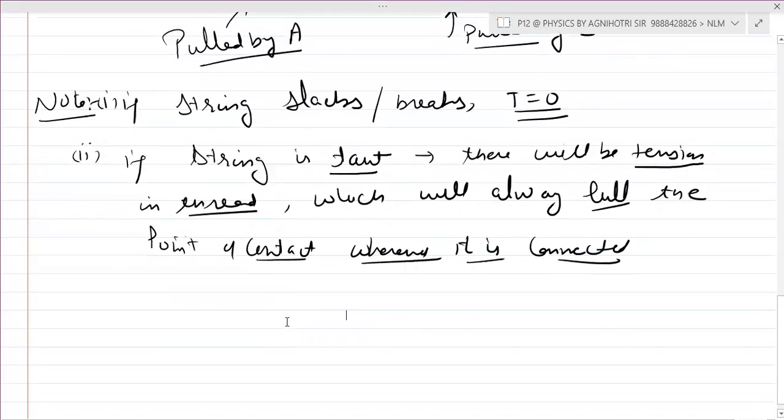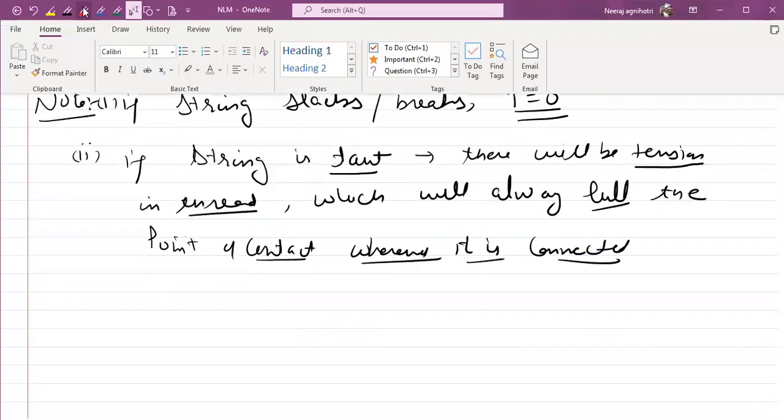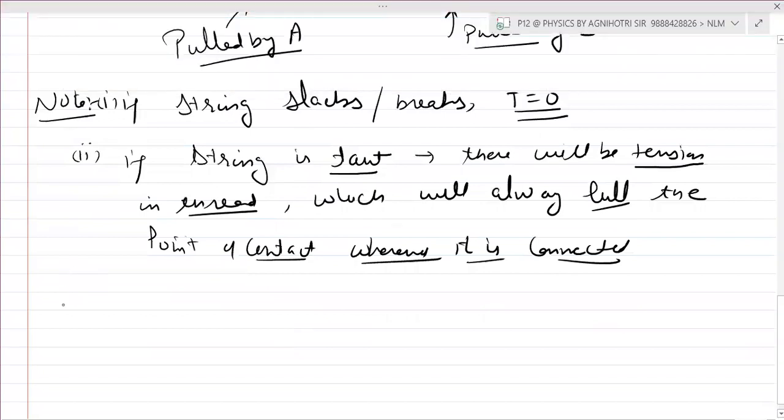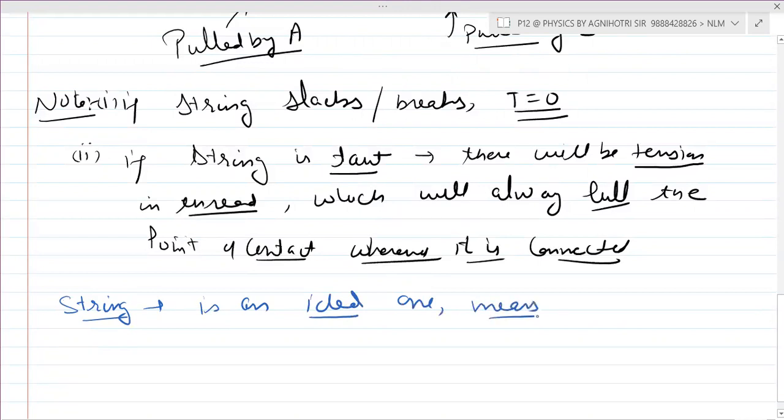So this is a very simple concept of the string. Now let me tell you, we do consider the string is an ideal one. String is an ideal one. Means it's massless and inextensible.